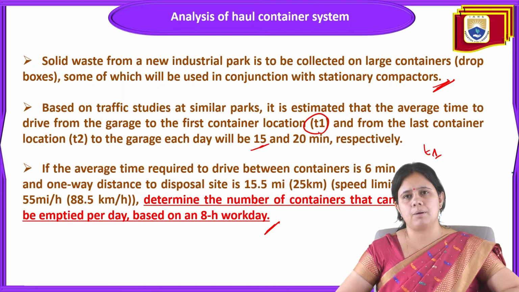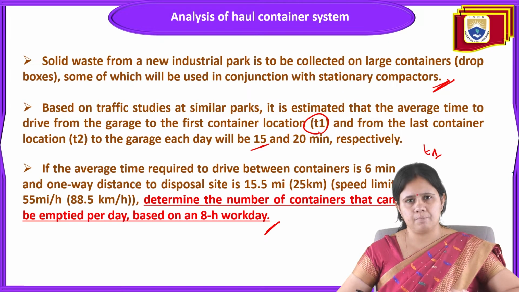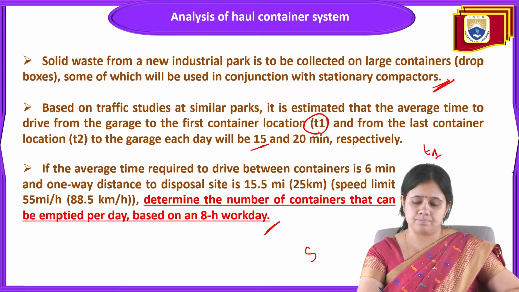We have to solve this problem: solid waste collection from a new industrial park where the first container location, T1, is reached within 15 minutes, and the trip from the last location to the garage each day takes 20 minutes. With 6 minutes between two containers and a one-way distance to disposal of 25 kilometers, how many containers can be emptied in a whole day, where the working day is 8 hours.